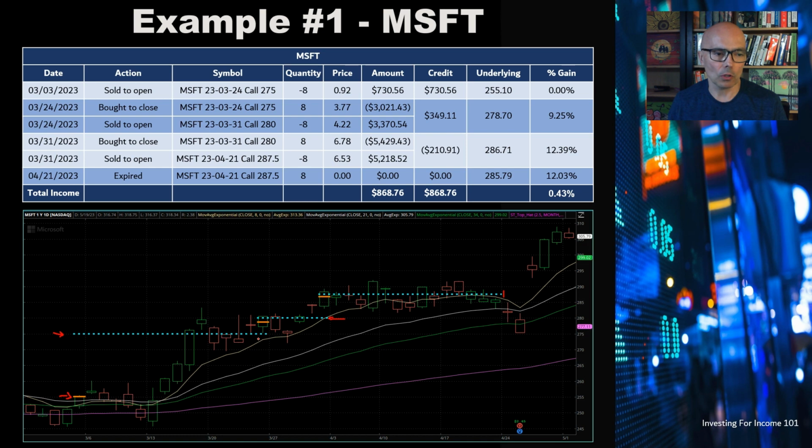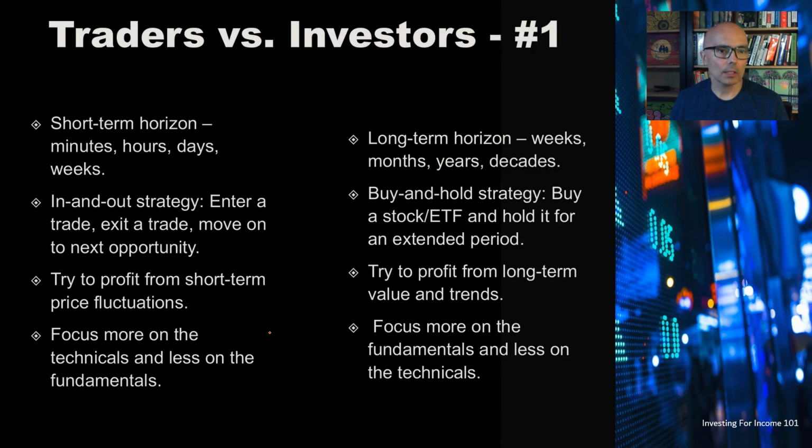They don't care how much over, and they're happy to be assigned the calls and have the shares called away at 275. Plus they get the premium from the covered call and they can move on to the next trade. However, investors typically want to keep their shares, right?